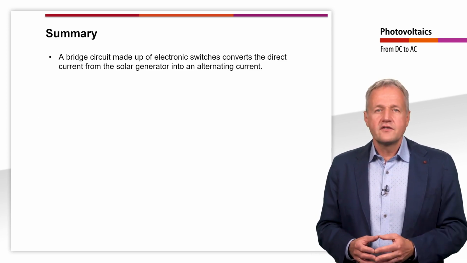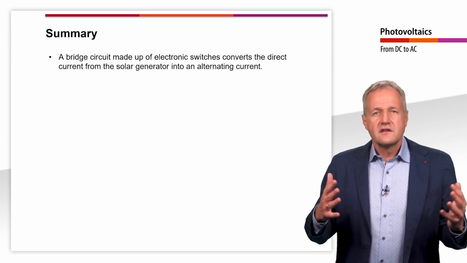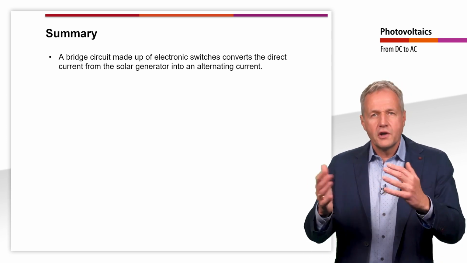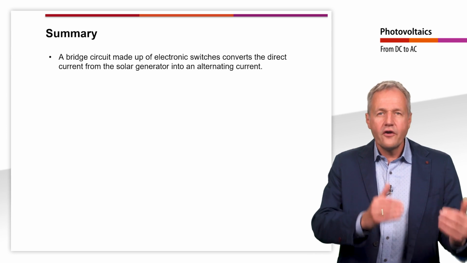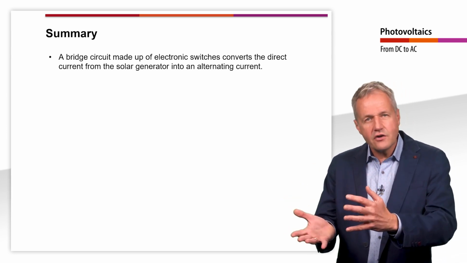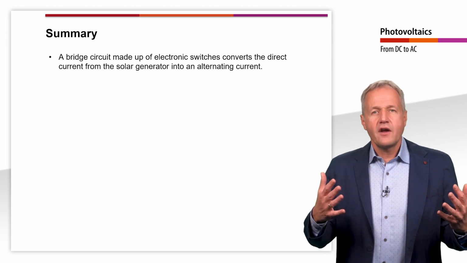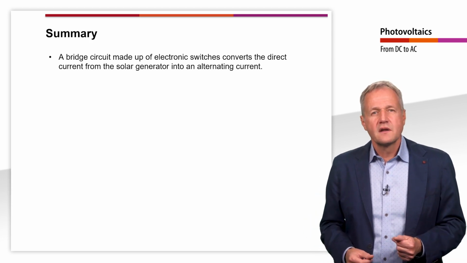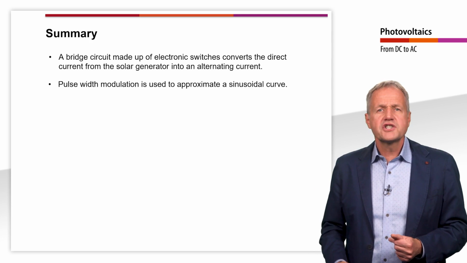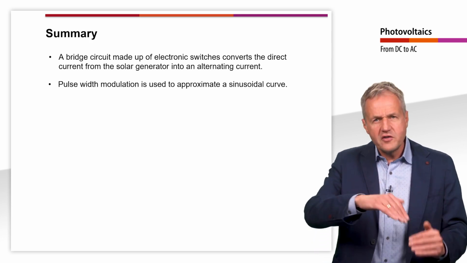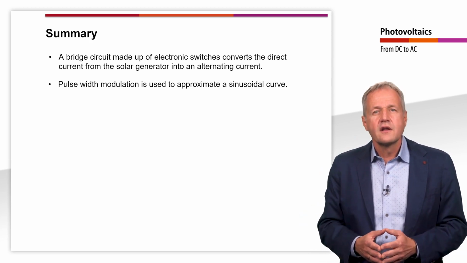Let's summarize this unit. The direct current from a solar generator is converted into alternating current by a bridge circuit made of electronic switches. The pulse width modulation is used to approximate a sine wave.